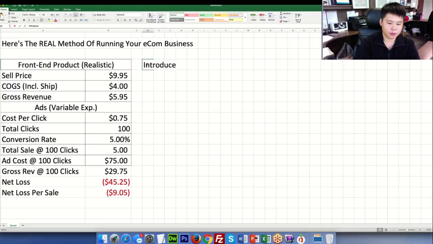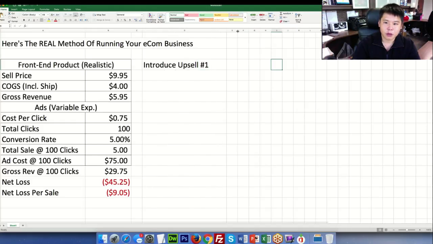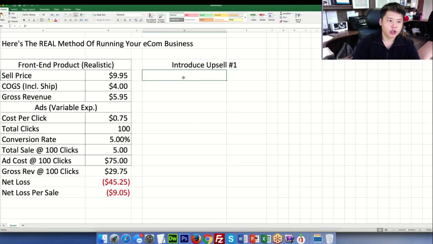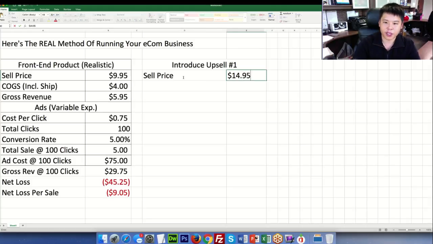What you want to do right now is to simply introduce upsell number 1 in this equation. So now let's say that your sell price for this is increasing to $14.95.